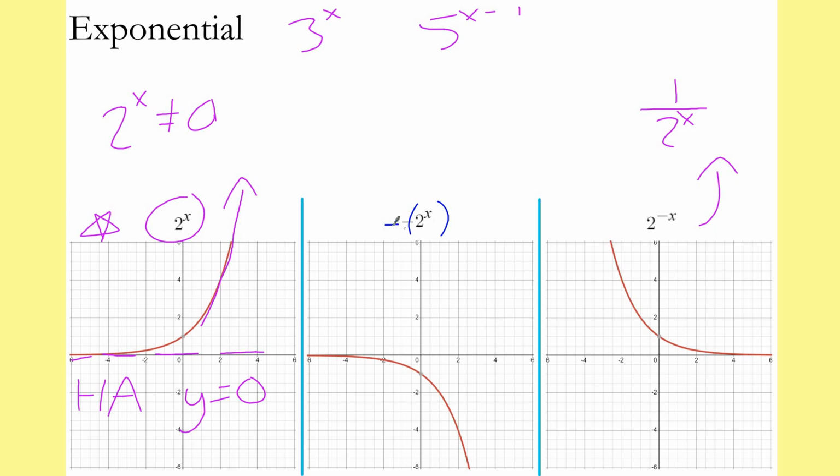So what's on the outside flips it down. When it's on the inside next to that x, in the exponent, it's flipping it side to side. Again, if you ever don't know how a graph looks, plug it into your calculator. Look at the original, then look at it with a negative. You got this.